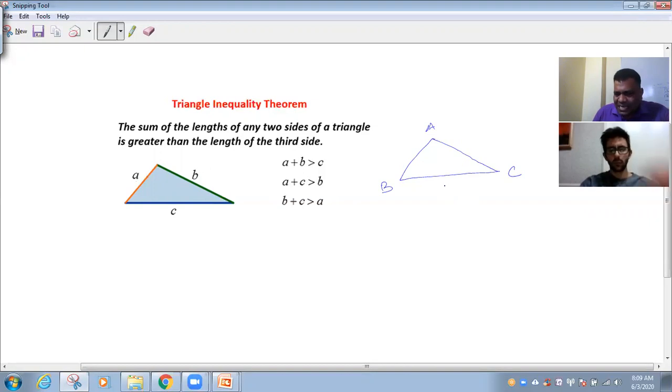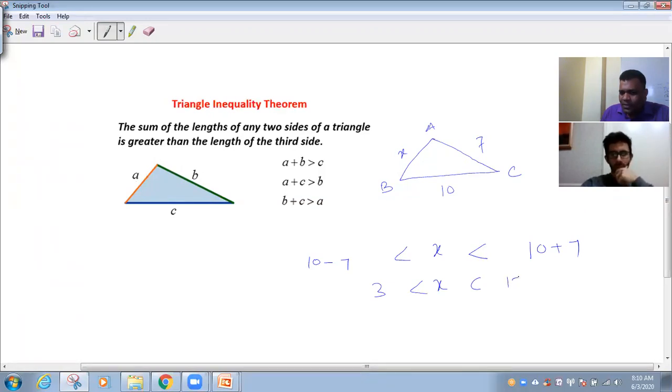Let us say this is 10 and this is 7 and this is x. What could be the possible value of x? Just now I gave the idea: x must lie between the difference of the other two sides and the sum of the other two sides. So the possible value of x must be greater than 3 and less than 17. Any confusion? No, it's clear.